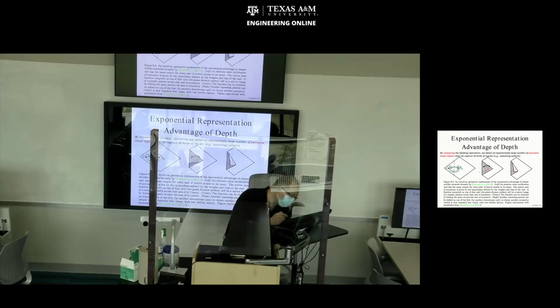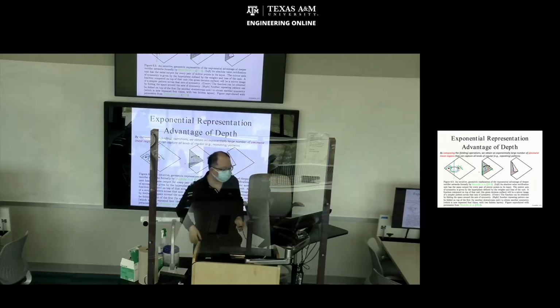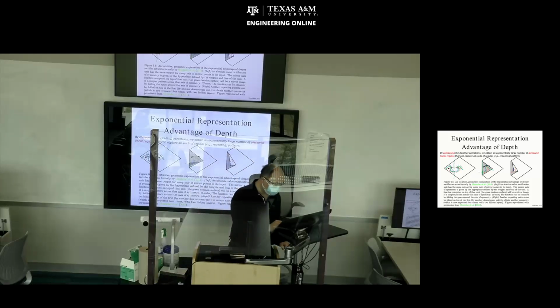One thing I noticed is that this function is symmetric along this axis. So if I fold my paper along this symmetry axis to the right, then you realize that in this new space I just have to learn this simpler function. So this function can be obtained by folding the space around the axis of symmetry, right?